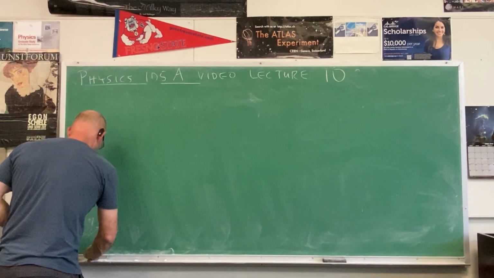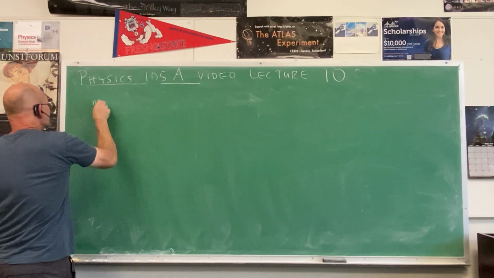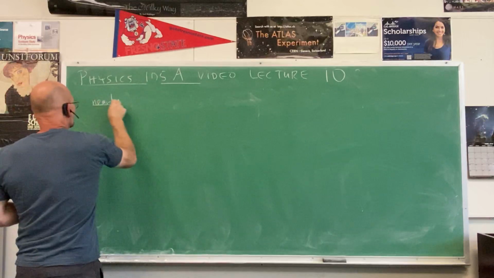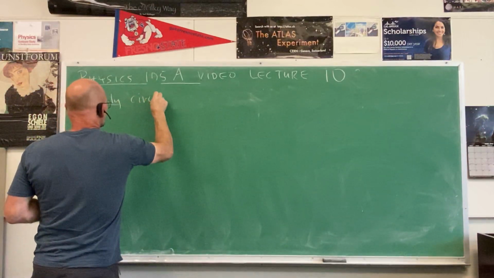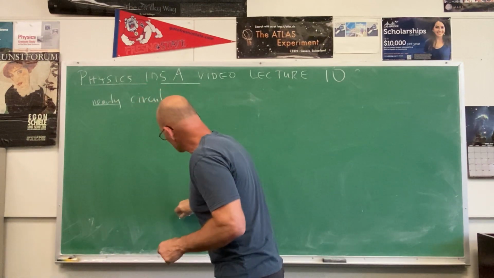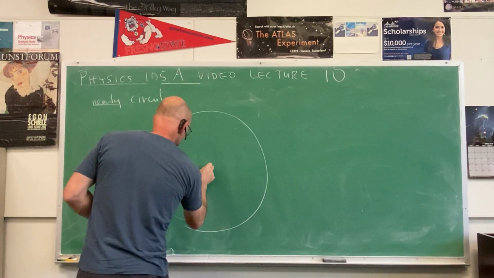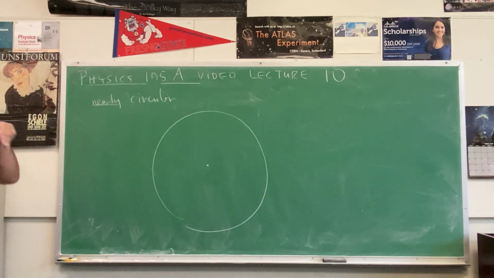Okay, let's have a look here. So the nearly circular orbits. And we'll start with a circle. Okay, imagine this is a perfect circle. There's the center of potential, center of attraction.